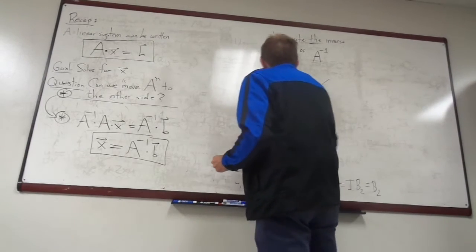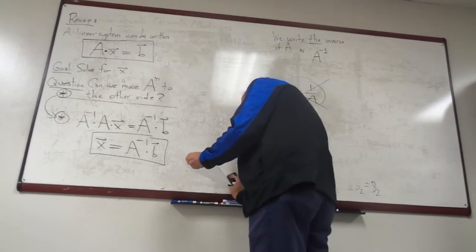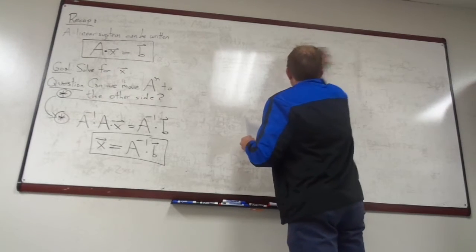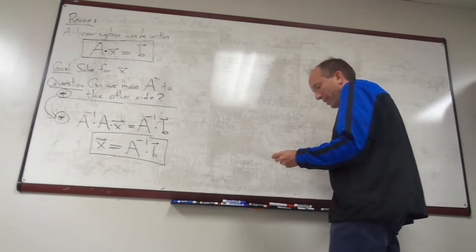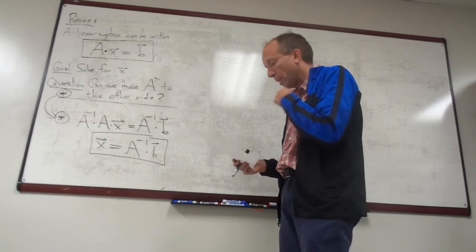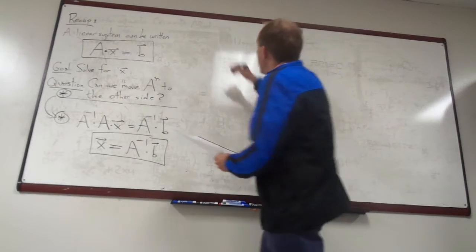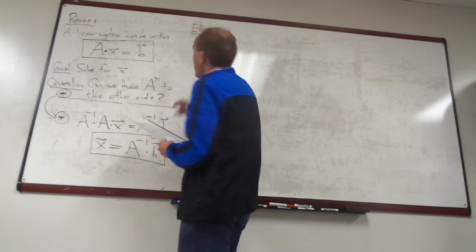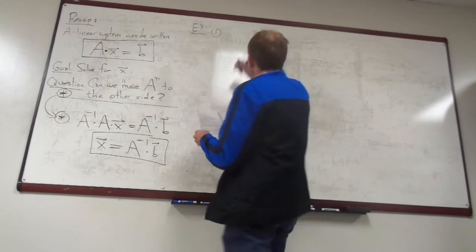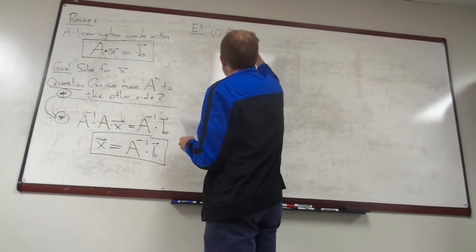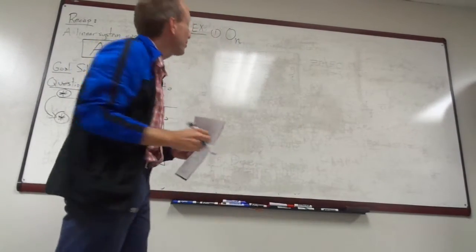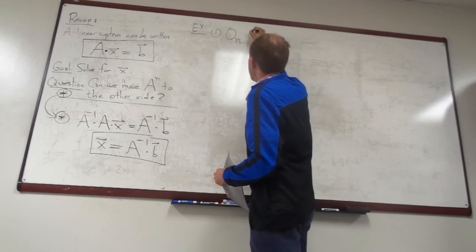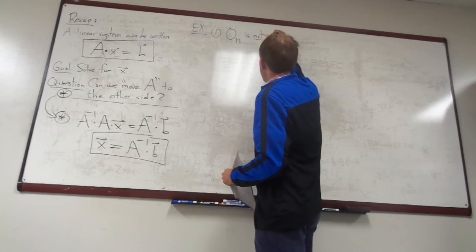Okay? Let me talk now a little bit about how we would actually find the inverses of a matrix, if there is such a thing. So maybe some examples here. I think you could probably believe me that the zero matrix, the n by n matrix of all zeros, is not invertible.